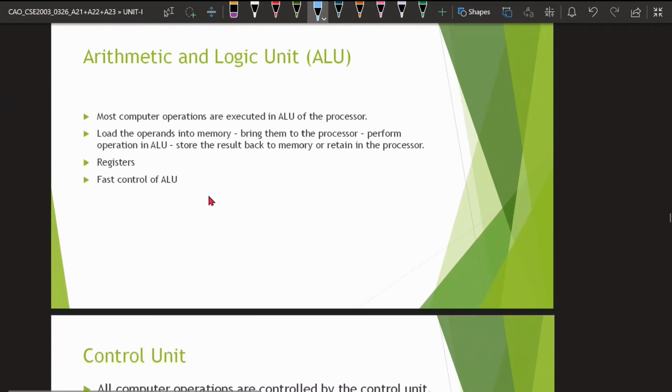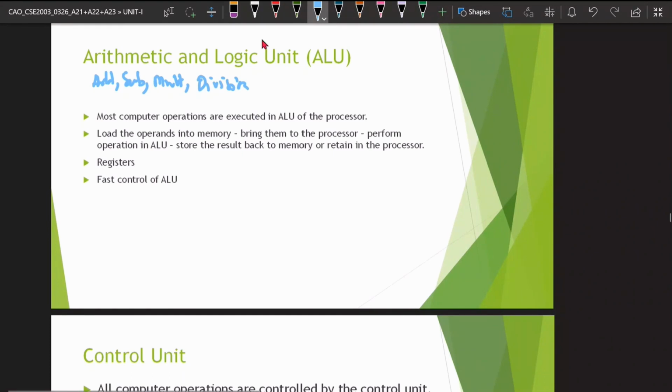So next one is the arithmetic and logic unit. Most computer operations are executed in the ALU of the microprocessor or processor. ALU, as the name suggests, is the arithmetic and logic unit. It is the block of the CPU where all the arithmetic and logical operations take place. Arithmetic operations mean addition, subtraction, multiplication, and division.